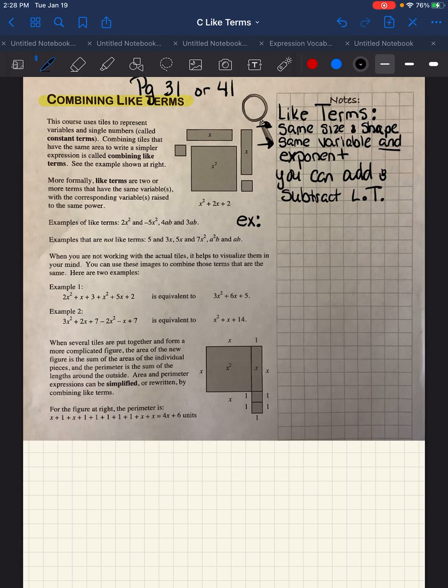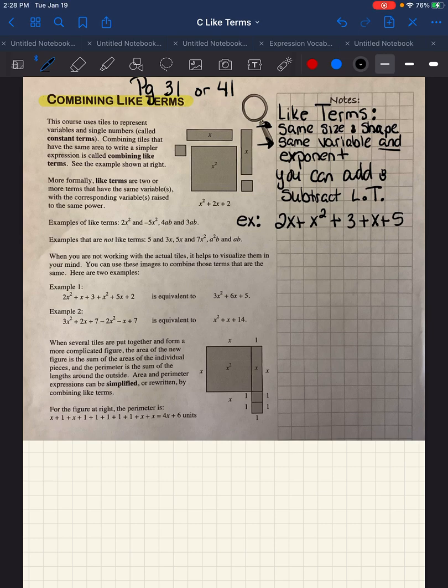So if we had this list of terms, 2x plus x squared plus 3 plus x plus 5. Okay, that is a list of terms, not in order, not simplified. So what we want to do is match up the like terms so we can put them together.